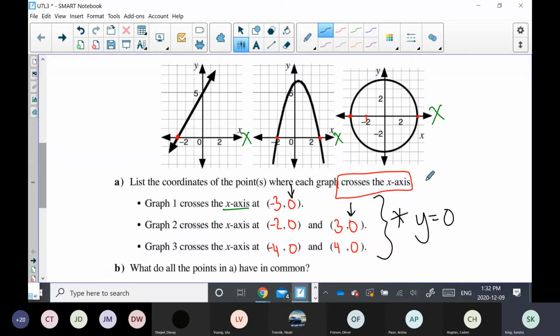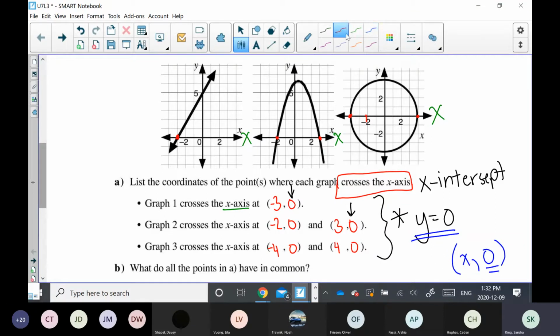So if ever I ask you to solve an x-intercept, you are always going to let y equal 0. An x-intercept is always going to be whatever the x value is, but this y will always be 0.